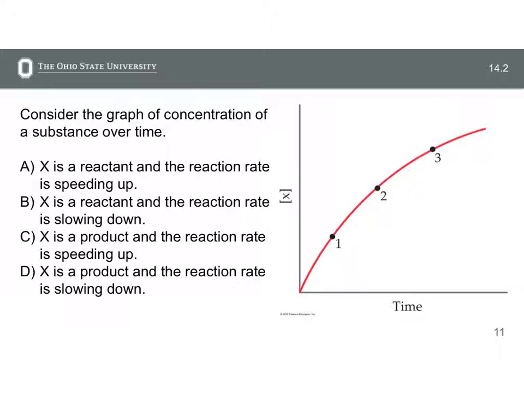Okay, so I want you to again make a prediction. We've got a plot here of the concentration of X on Y versus time. And there's two things I want you to figure out based on what our options are here. Okay? Is X a reactant or a product? And is the reaction rate speeding up or slowing down?